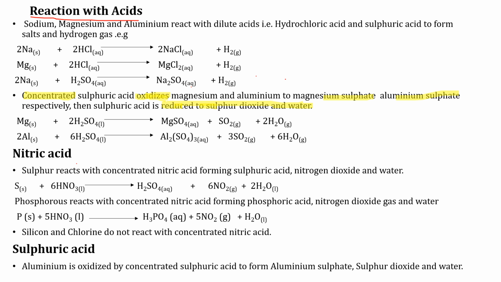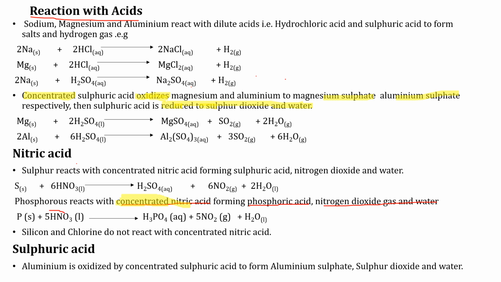So proceeding, we are saying that phosphorus reacts with concentrated nitric acid, forming phosphoric acid, nitrogen dioxide gas, and water. Like I said, anything concentrated, we need to use the term oxidizing. So the appropriate chemical way of writing this statement was, however, this is correct. When you're writing it, you'll get a mark for it. But the more chemical way to present it was, concentrated nitric acid oxidizes phosphorus to phosphoric acid.